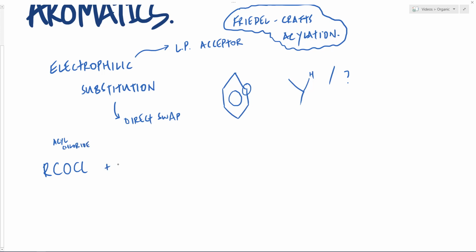Acyl chloride, that's going to react with AlCl3. And ultimately we are going to take away that chlorine, so we're going to end up with just RCO plus and then AlCl4 minus. That carries a nice mark in an exam.